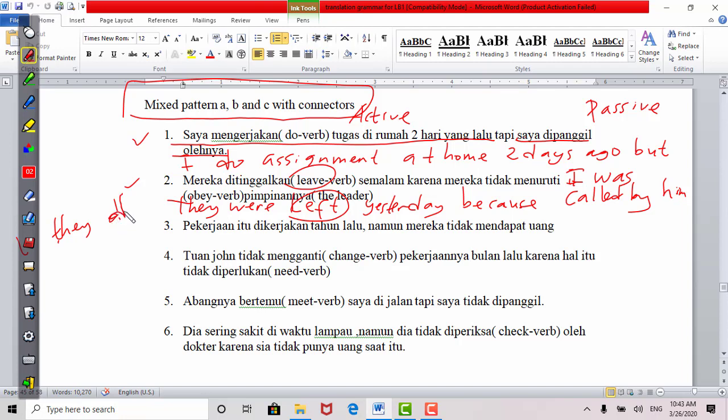They didn't follow. Menuruti, follow, or obey. You can make it, or obey, the leaders. The leader. Alright? That's the answer for number 1 until number 2.